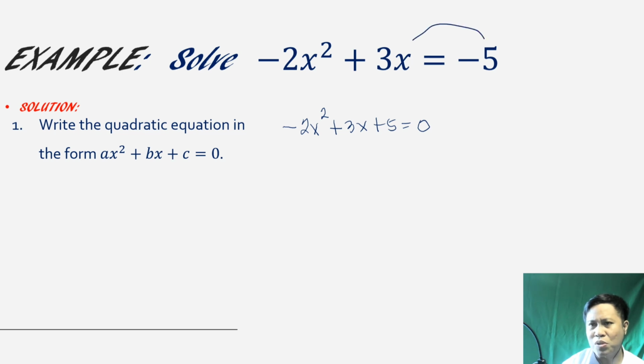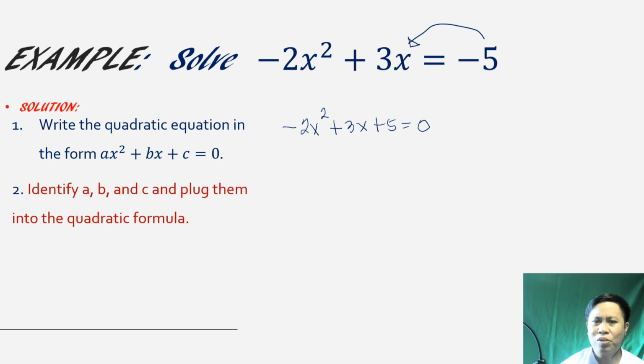We transpose this to the left side. Then we identify the values of a, b, and c. Our a, the quadratic coefficient, is negative 2. Our b, the linear coefficient, is positive 3. And c is equal to positive 5, the constant.